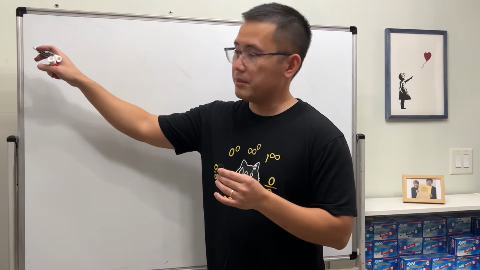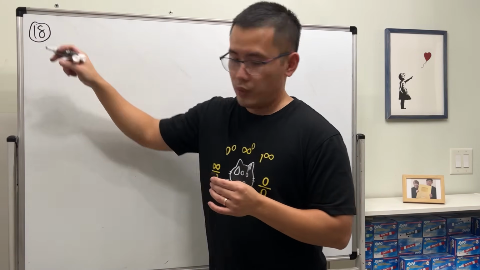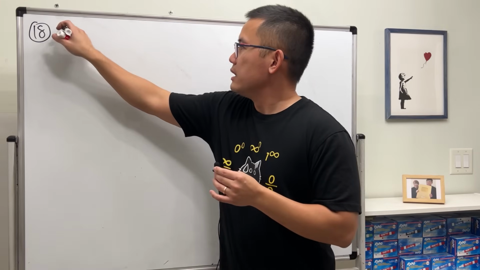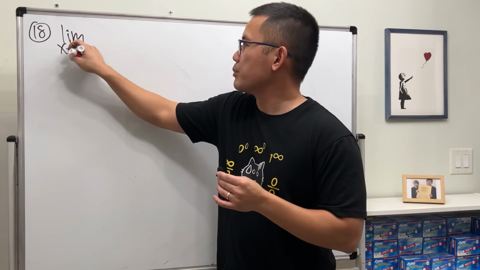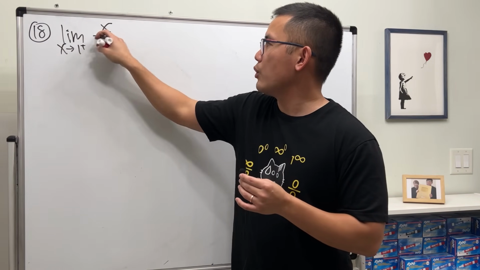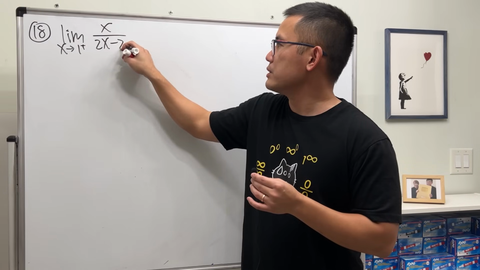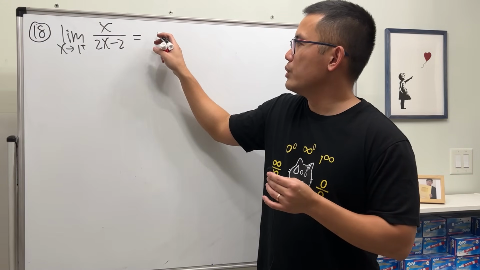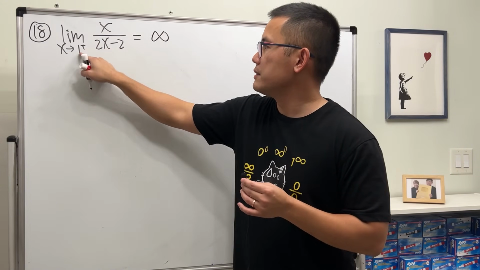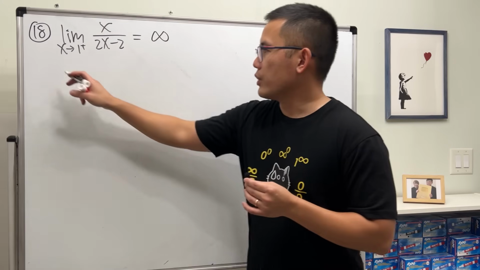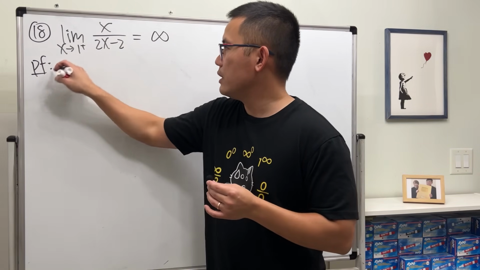All right, let's do another one-sided limit. This is number 18. We are looking at the limit as x approaching 1 plus of x over 2x minus 2. This will give you infinity. So here we go, proof.